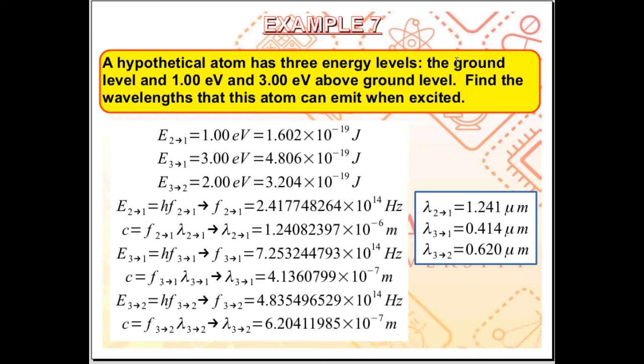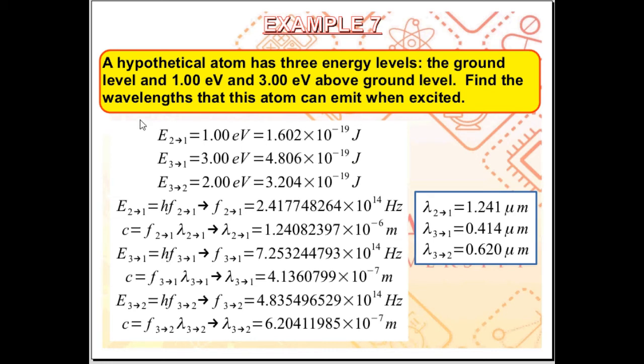So, ground state energy, and then the first excited state is 1.00 electron volts above the ground state, and the second excited state is 3.00 electron volts above the ground level.